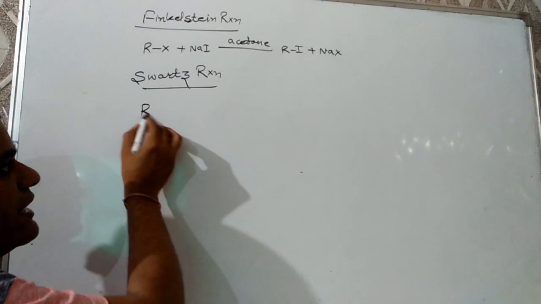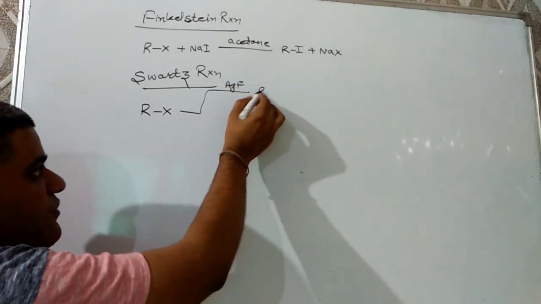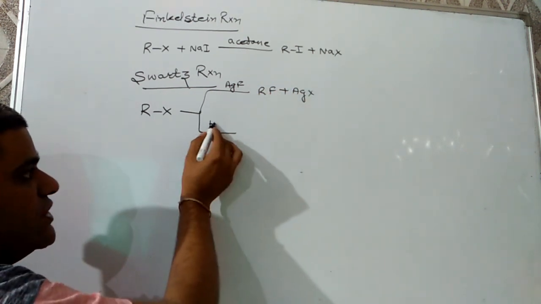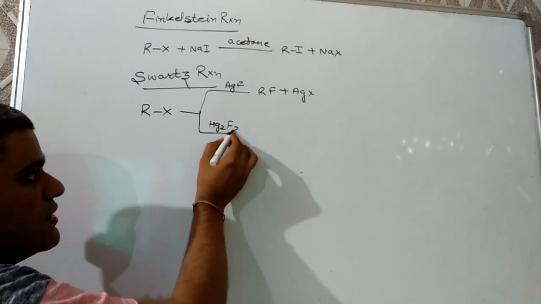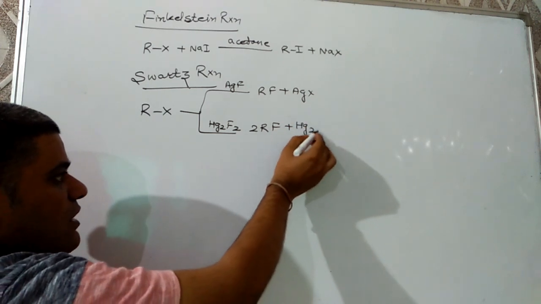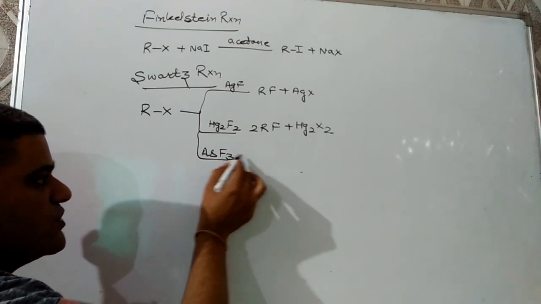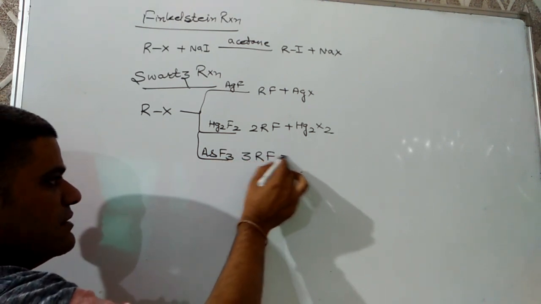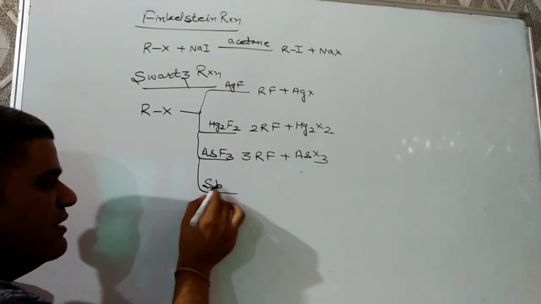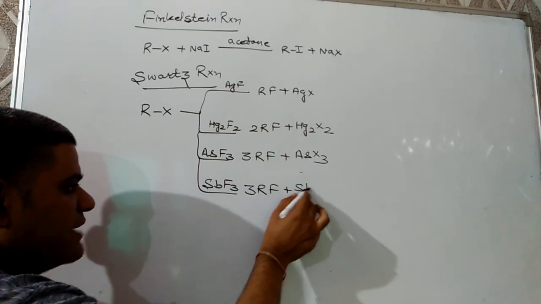Here, a haloalkane can react with silver fluoride to give fluoroalkane plus AgX, or react with Hg2F2 to give 2 moles of fluoroalkane plus Hg2X2, or react with AsF3 to give 3 moles of RF plus AsX3, or react with SbF3 to give 3 moles of RF plus SbX3.